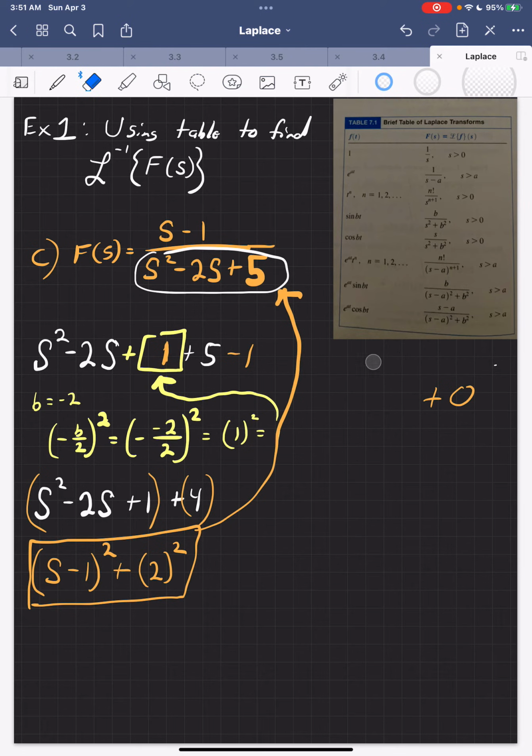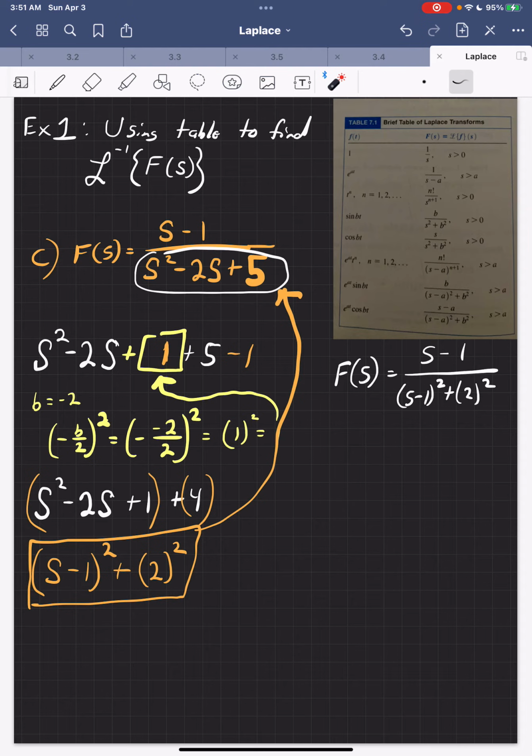So the new problem is, let's assume that your f of s is s minus 1 over s minus 1 squared plus 2 squared.